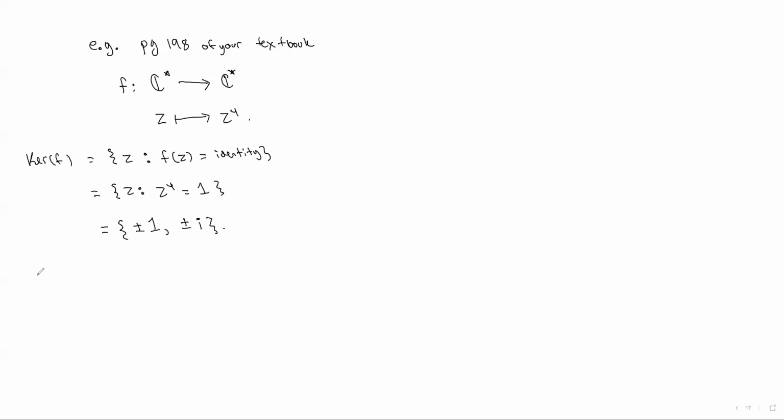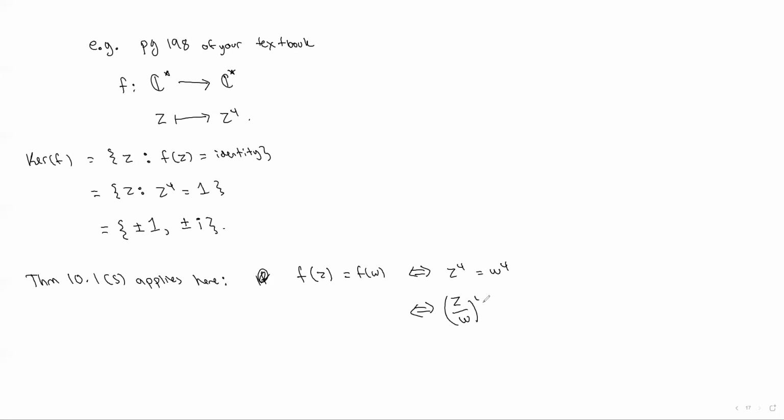And then again, theorem 10.15 applies. So f of z equals f of w if and only if z to the 4 equals w to the 4, and then you could divide, and this is exactly what we do in the proof. So if and only if z over w to the 4 equals 1.